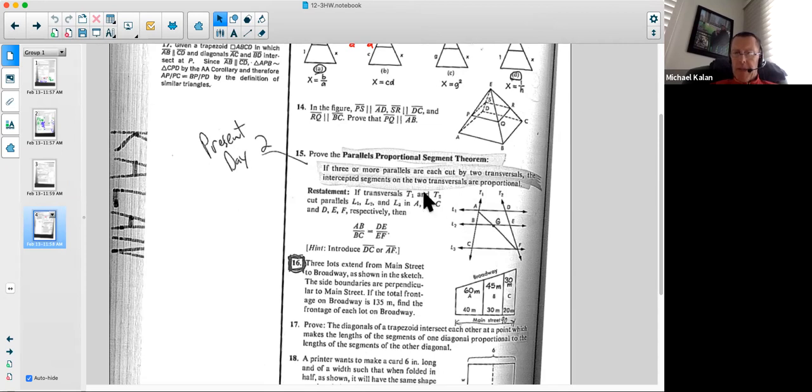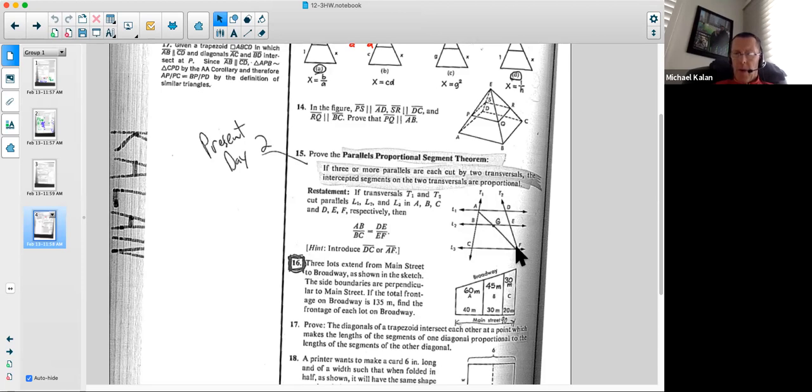The intercepted segments, like AB would be an intercepted segment between L1 and L2, so would DE, then the intercepted segments on the 2 transversals are proportional, okay? In other words, AB over BC is going to equal DE over EF, okay?